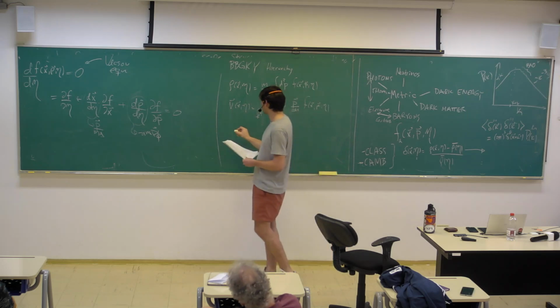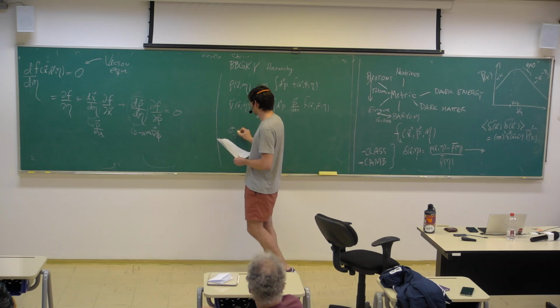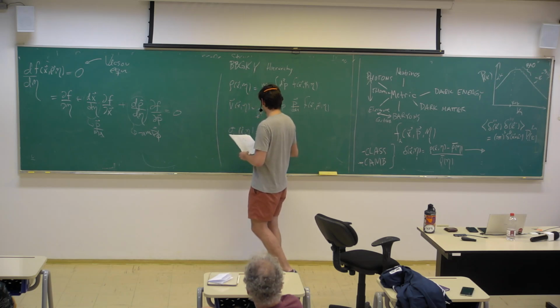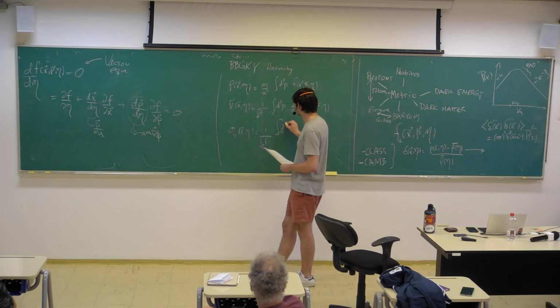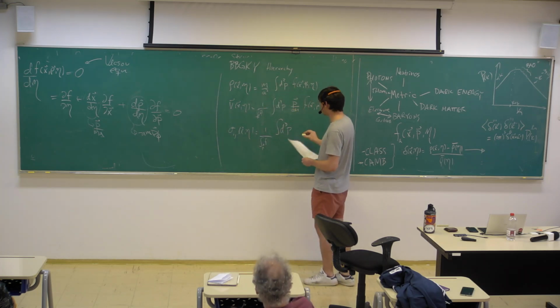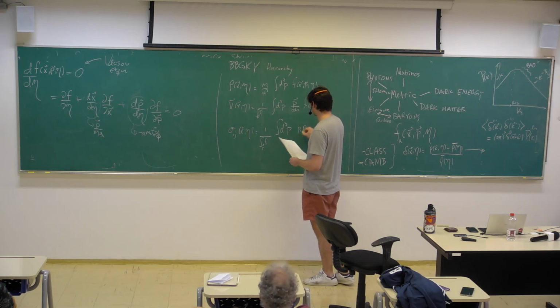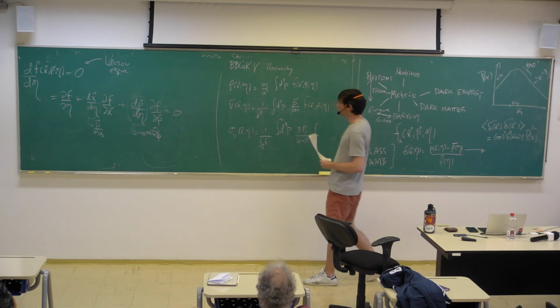I can do the same and also define the stress energy tensor at every point of this fluid, which is going to be this normalization and then 2 powers of momentum here. So let me write it p_i p_j over a m squared f.